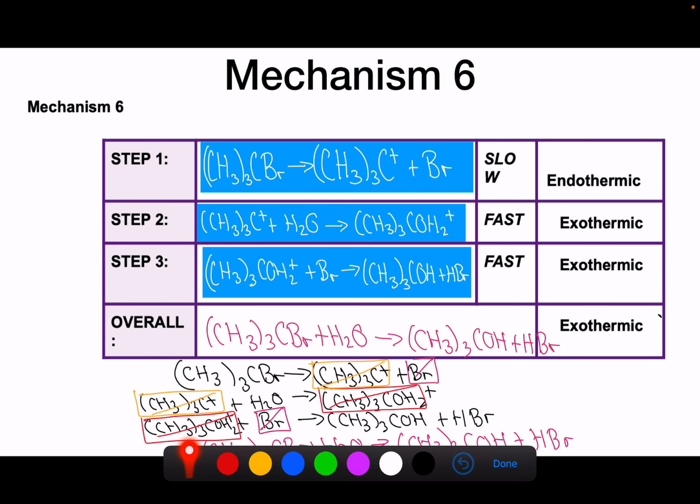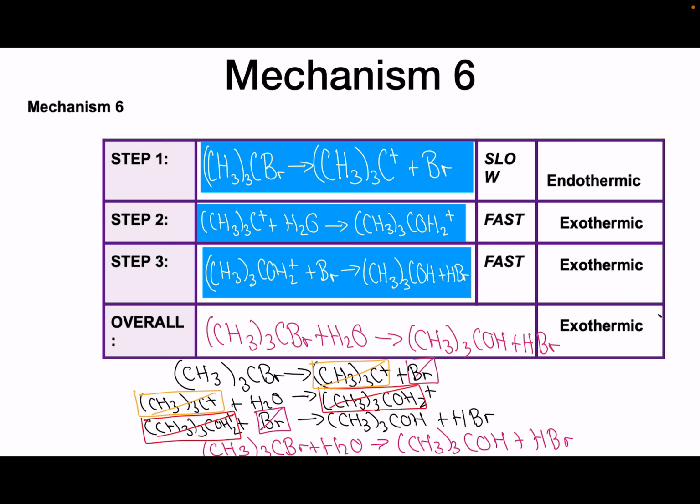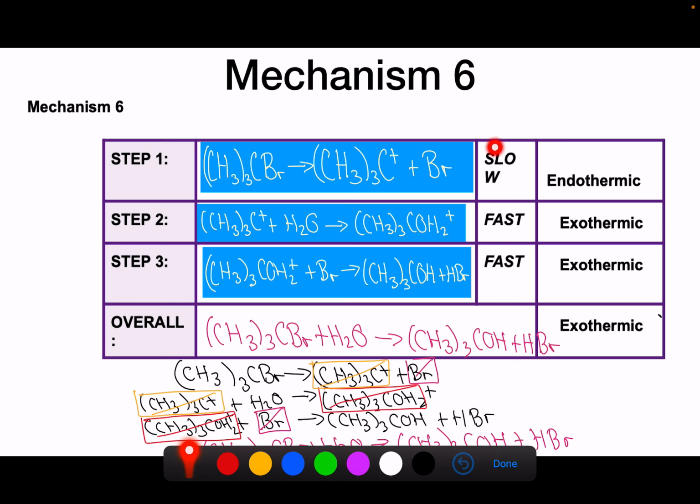Mechanism number 6. All right. So we have 3 reactions involved. You can see my work down here on how I got the final equation. Okay. My rate determining step is the slow step.